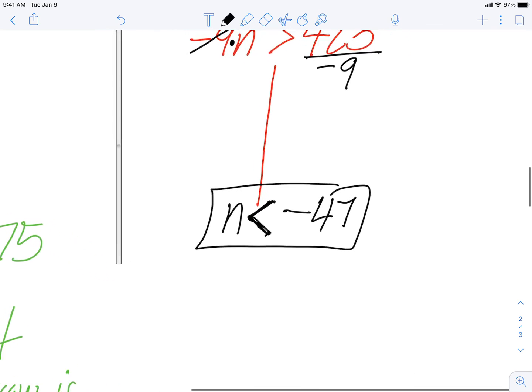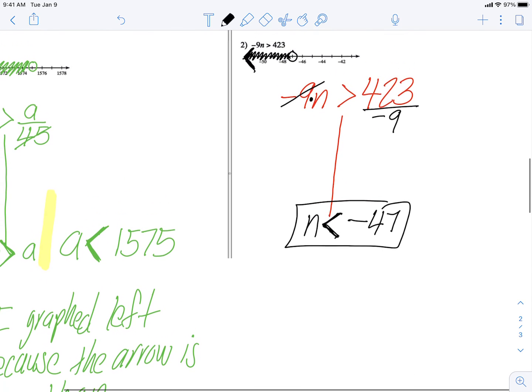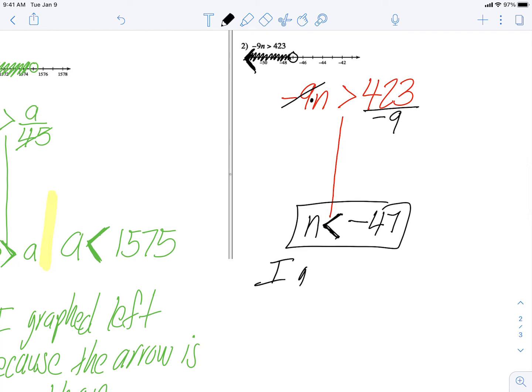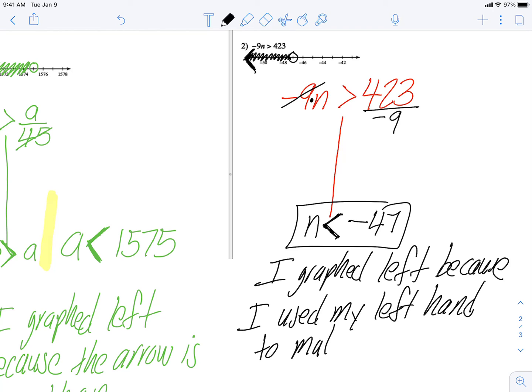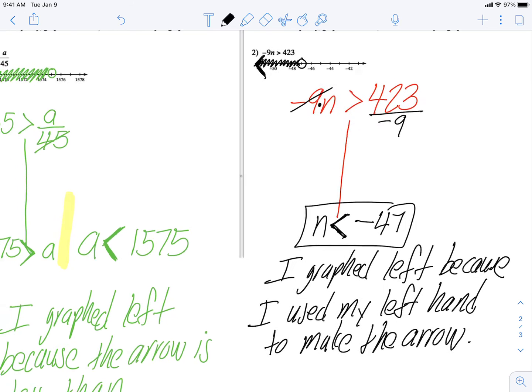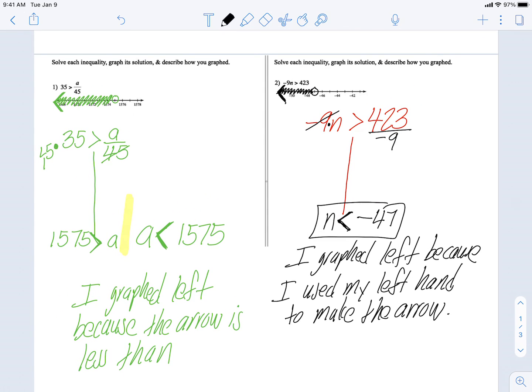I would say I graphed left because I used my left hand to make the arrow. Right? That's a pretty good description.